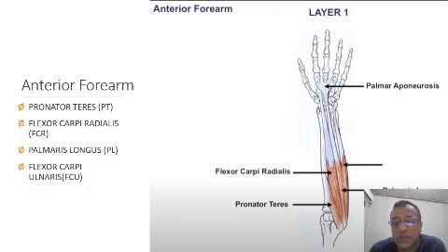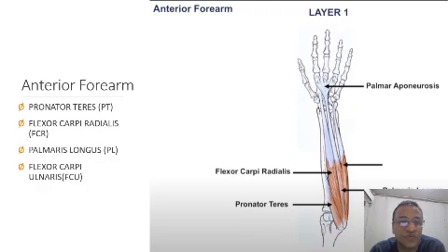These flexor group of muscles are divided into layers: superficial, intermediate, and deep layers. As a beginning, we'll start from the superficial group and the intermediate group.